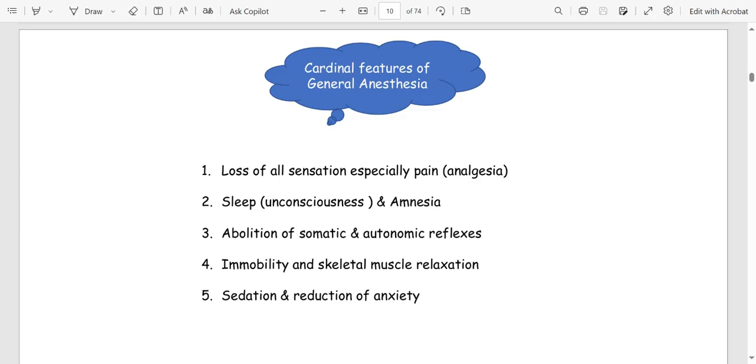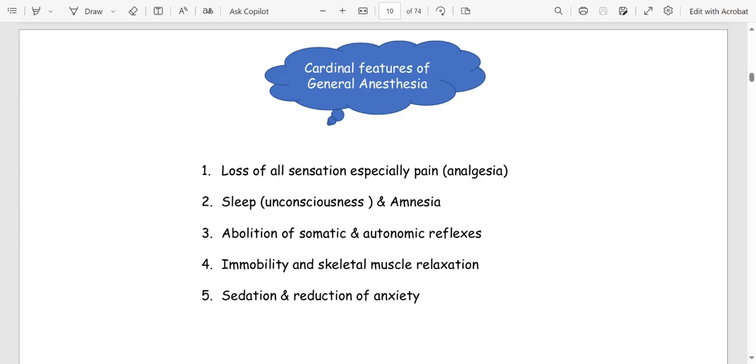And then there will also be abolition of somatic and autonomic reflexes, meaning that all reflexes, for example, muscle movements or autonomic reflexes like urination, that's autonomic, isn't it? Of course, urination has got some form of control, but let's say secretions from glands, that's autonomic, you don't control that.